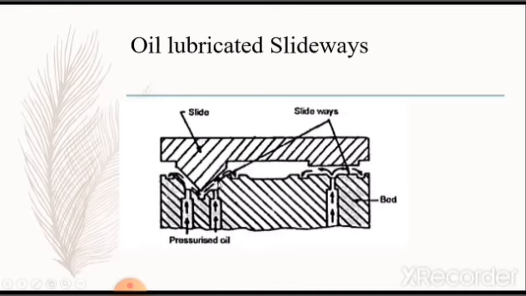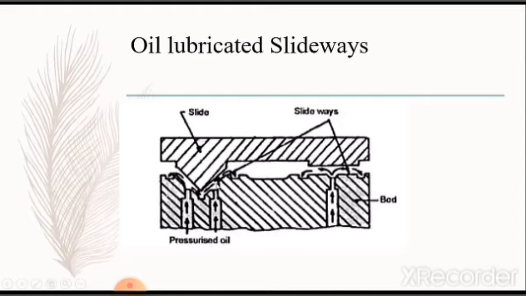When continuous oil pressure is maintained, a thin layer of oil stays between the slide and slideways, so there will be less friction, and the movement of the slide in the given direction is easier. Secondly, it gives you high accuracy, because the friction is less, so you require less force to move.